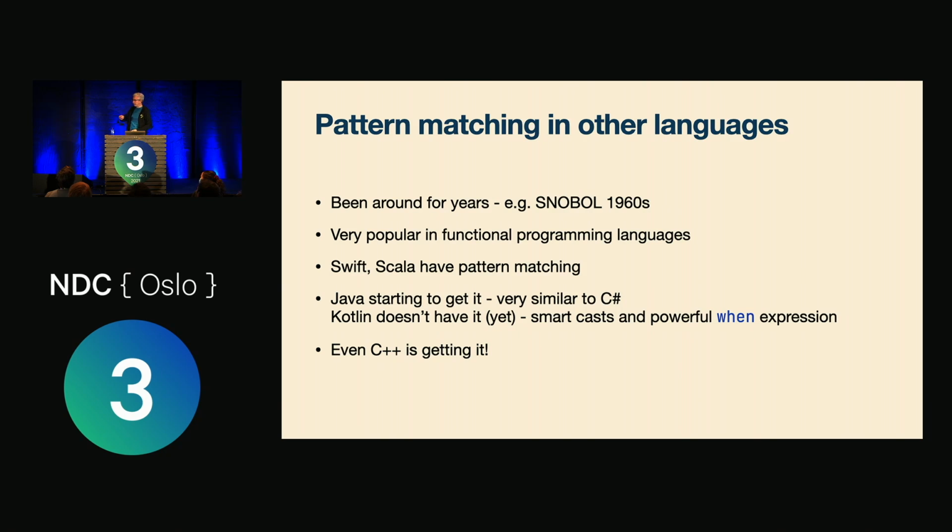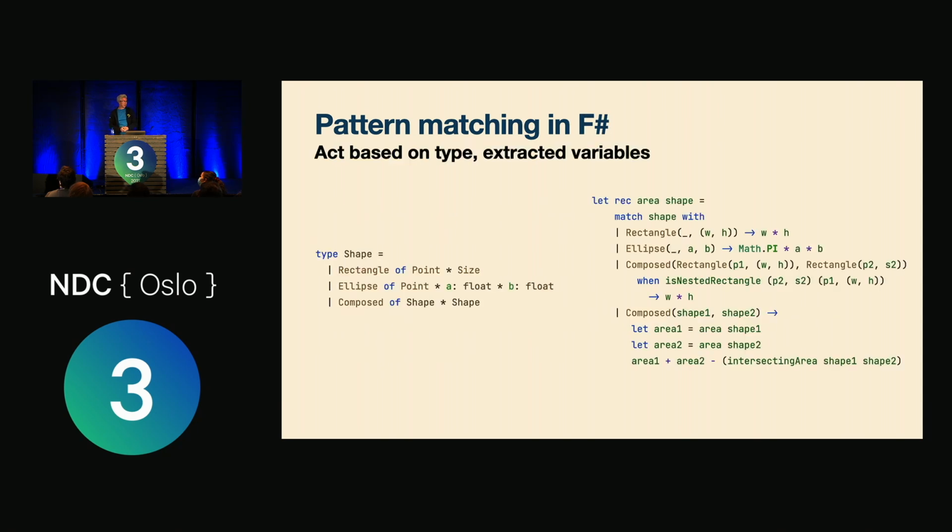So I can say, if X is a person, then use X like it's a person. So you've got some flow typing there, which is good. And Kotlin's also got a very powerful when expression, which gets rid of some of the need for pattern matching features. But even crazier, even C++ is getting it too. There's a proposal being worked on and going through there.